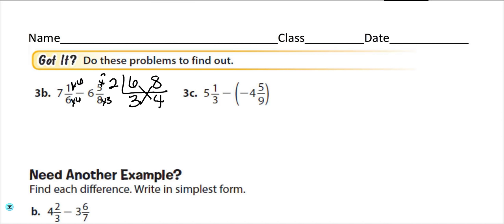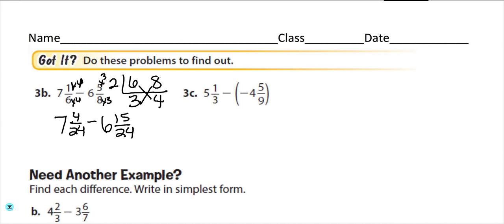Okay, so we have 7, we have 1 times 4, which is 4, 6 times 4, which is 24, minus, and then we have 6, and we are going to have 15 over 24.